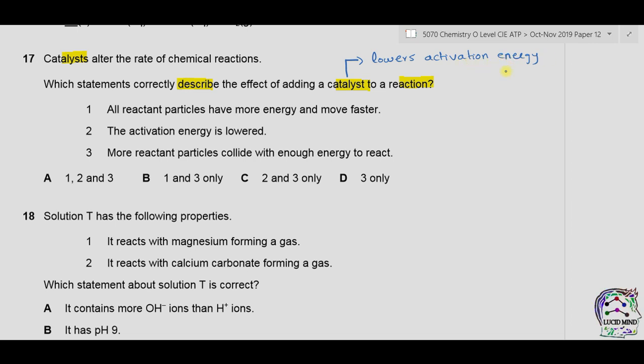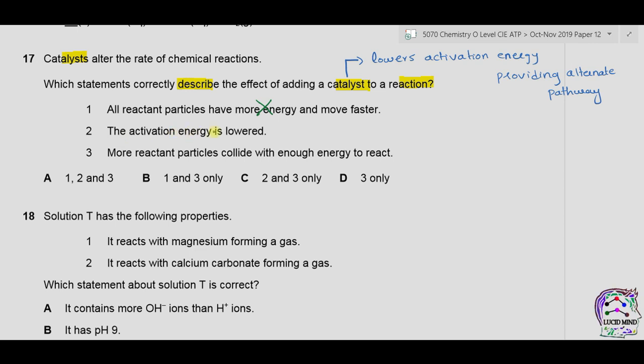They do so by providing an alternate pathway. Number 1. All reactant particles have more energy and move faster. This is incorrect because a catalyst does not provide any energy to the molecules.